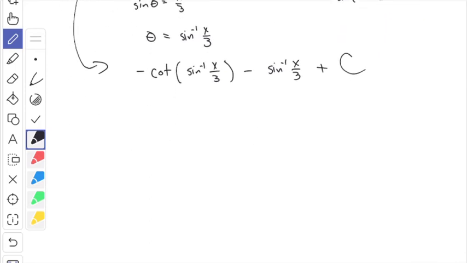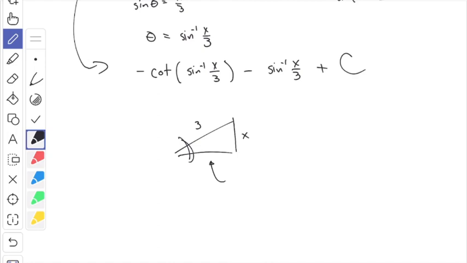Remember, the way to do it is you draw a triangle whose sine is equal to x over 3. So I'm going to draw a triangle where the sine is x over 3. This is the angle I'm looking at. The sine of this is x over 3. And then I want to know what is the cotangent of that. So this is the triangle. We can determine what that side is based on the Pythagorean theorem.